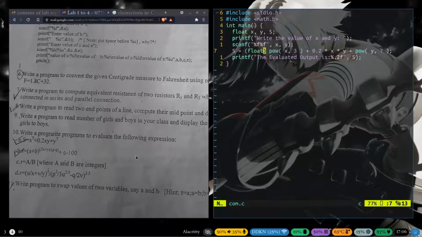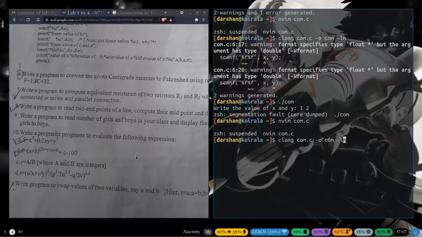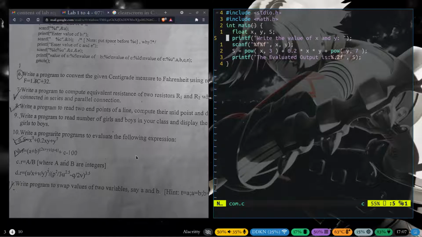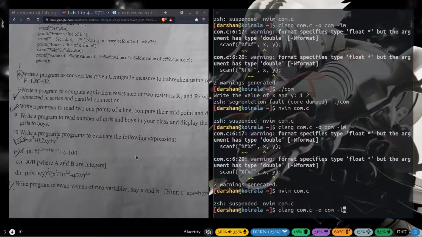This float already. And what the other one? What the heck is it? Scan f x. Man, and I always forget this ampersand. Shit. I think I've made the same mistake there.